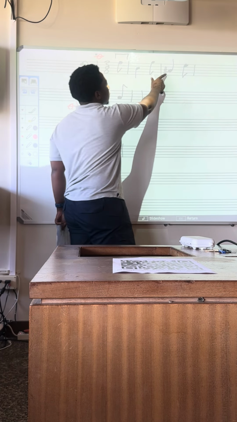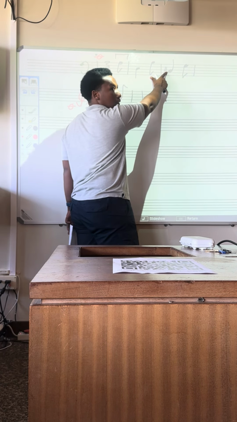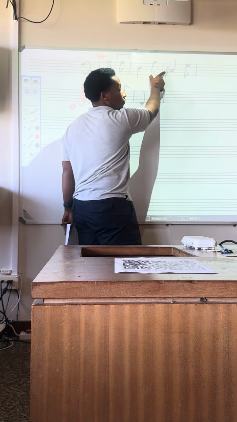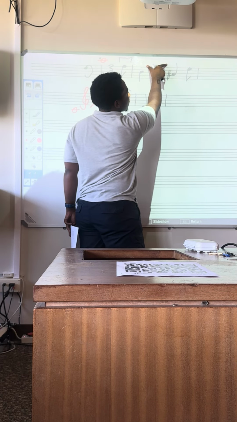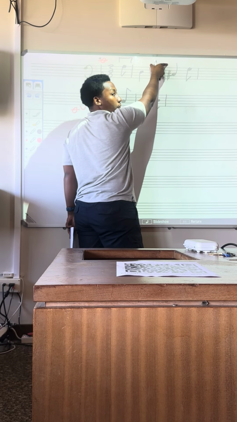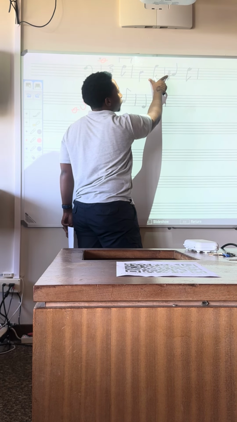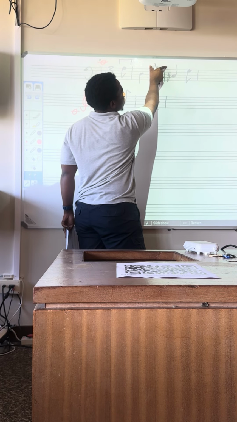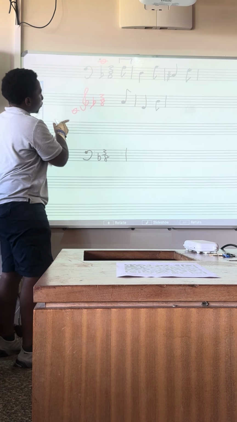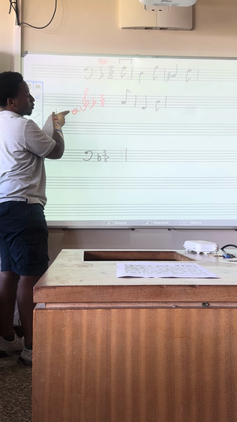Next one, C sharp. Easy. C sharp, you shift it up. C, D, E, F, G, A, B, C must be here, C sharp. So this C, if you're shifting it up, it'll be on the middle C, but just sharpened.